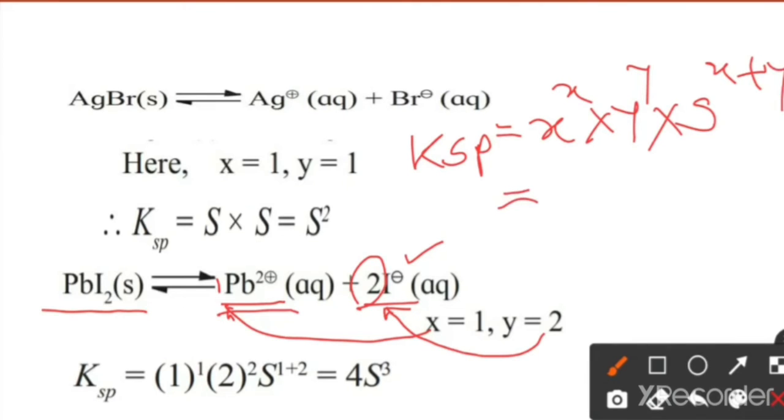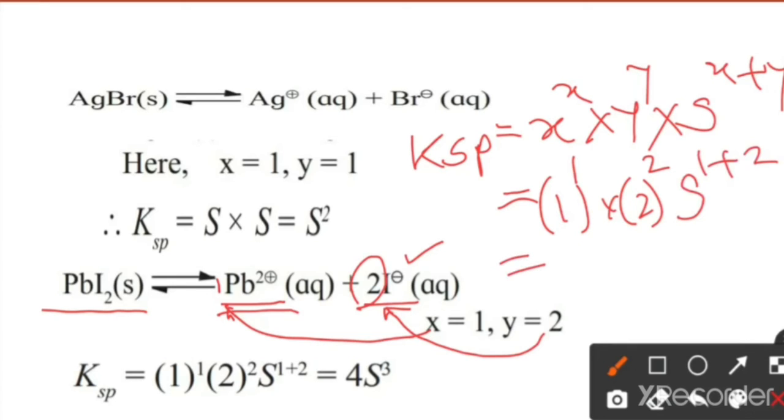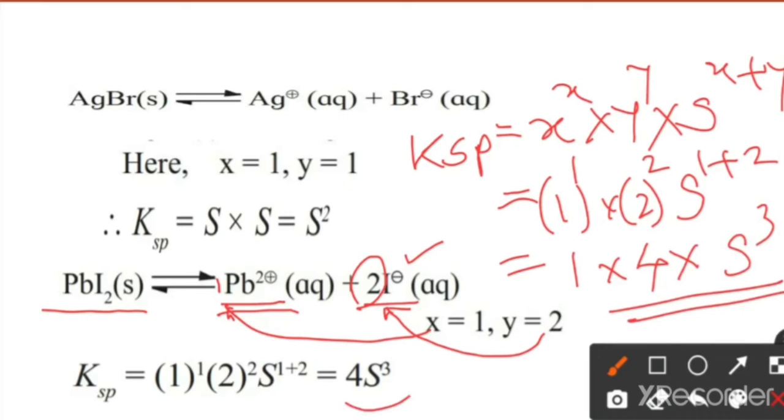So 1 raised to 1 into 2 raised to 2 into S raised to 1 plus 2. This 1 raised to 1 means 1, 2 raised to 2 means 4, into S raised to 3. It becomes 4S cube.